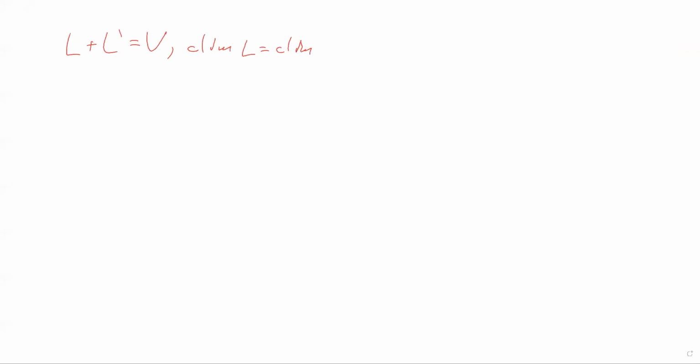L plus L prime equal to V, dim L equal to dim L prime and then equal to n, and dim V is 2n.